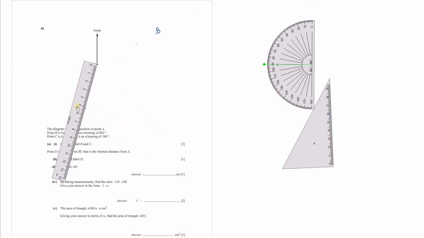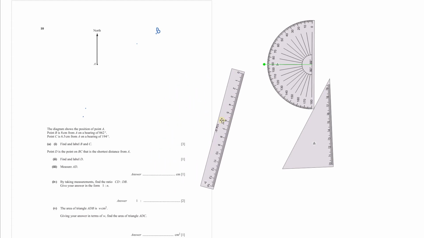So let's align it like this, then position it at 0. So 6.5 centimeters will be this point here. So this point here is C. So you can just erase the other two marks that you made for the angles. So these are your points B and C.